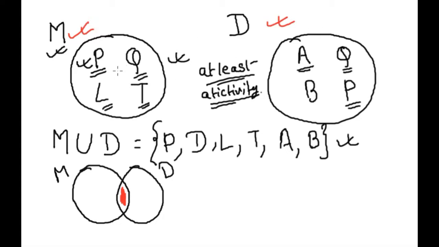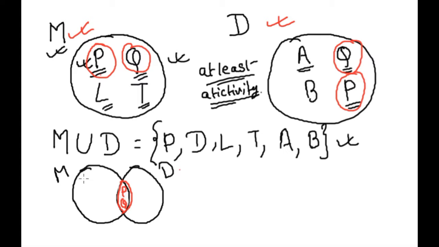So P and Q both like music and dance, so we can write P and Q here, because this is the area which contains both.